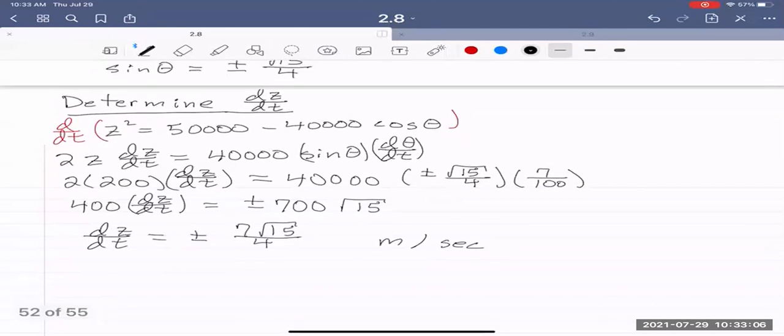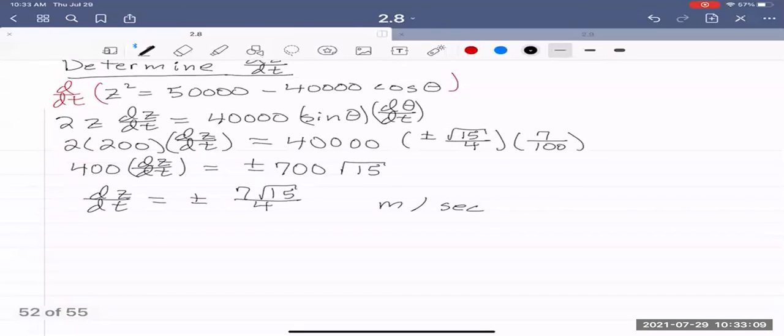Well, that's going to be it. And so this says that the distance, again, I don't know if it's coming or going, so I'm just going to have to state it in a way where I don't say if you're approaching or going away from it.